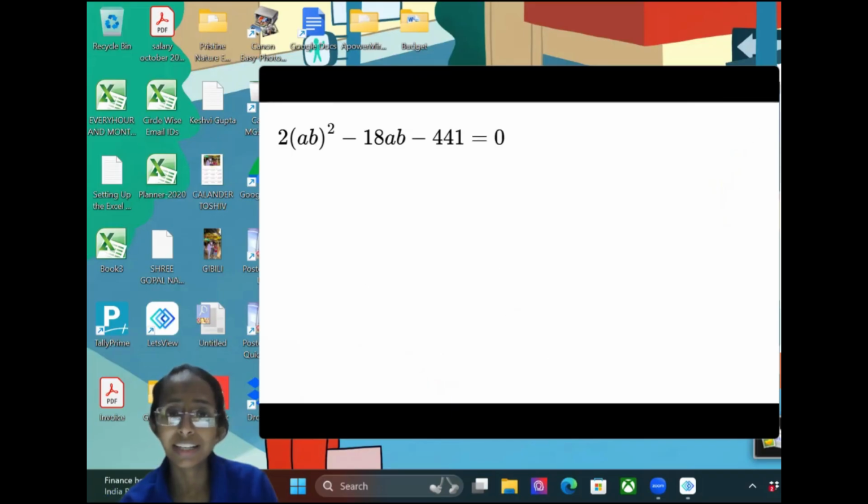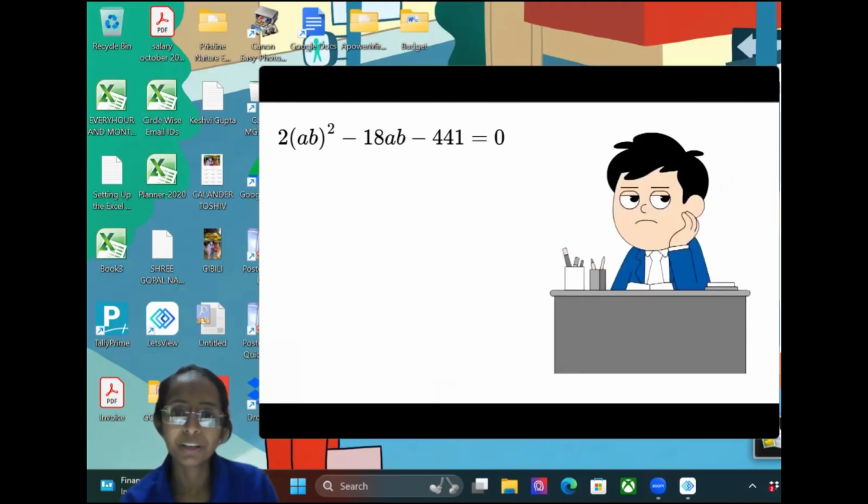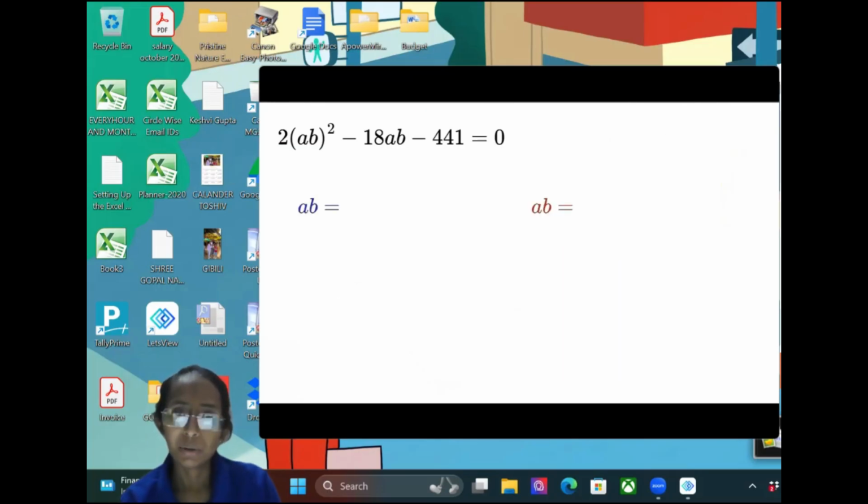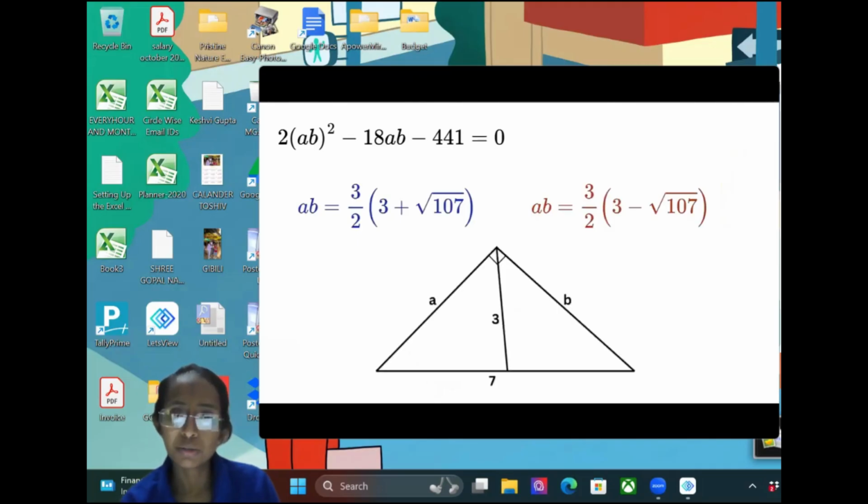This is a quadratic equation in terms of AB. So what can we do over here? We'll not bore you by solving the equation. We can directly have the roots by the quadratic formula, that is 3 by 2 into 3 plus root 107 and 3 by 2 into 3 minus root 107.